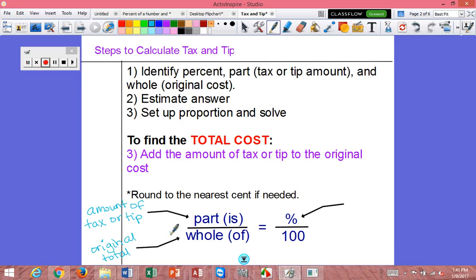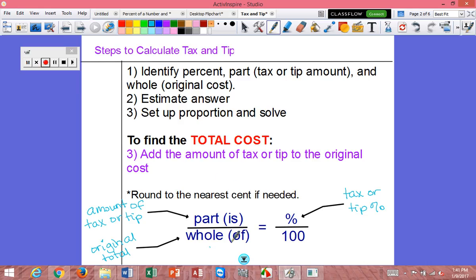The whole would be, if you're buying something, how much it costs before tax. Or if you're getting your bill at a restaurant, that's the total before you tip. So it's the original total. The percent is whichever number has the percent symbol, and that is the tax or tip percentage.